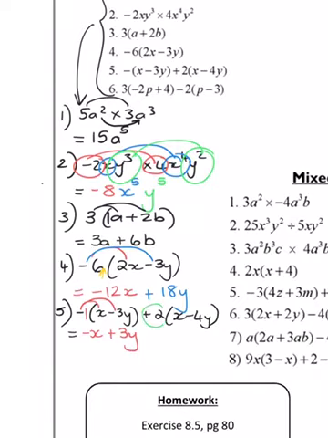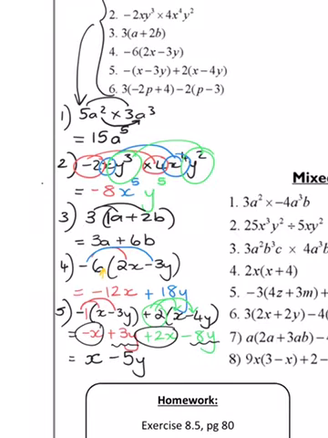Then we have a positive 2 going in, which is positive 2x. Positive 2 times negative 4 is negative 8y. Then we look for our like terms. So negative 1x plus 2x's is just an x. Positive 3y's minus 8y's is negative 5y's.